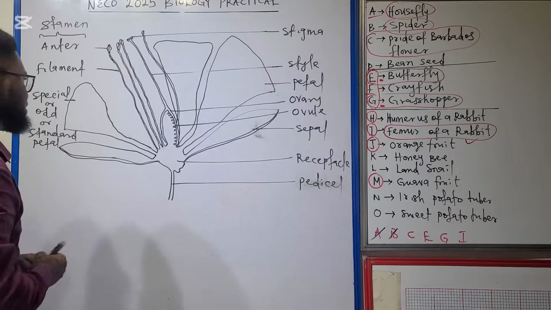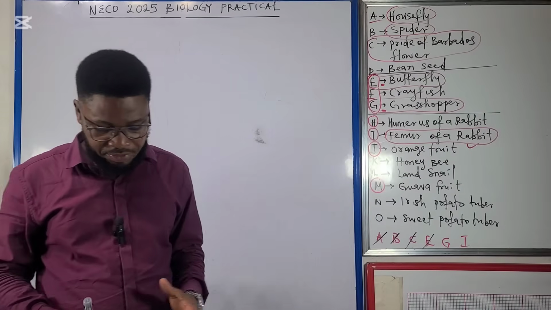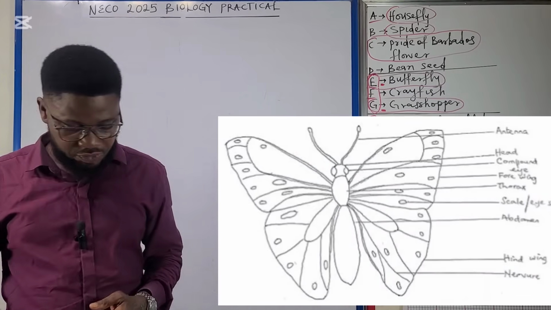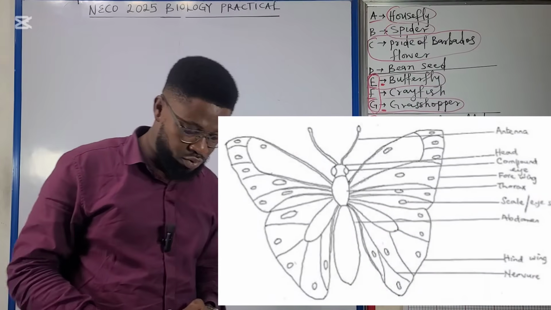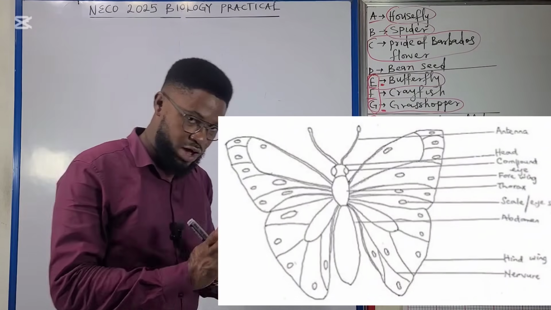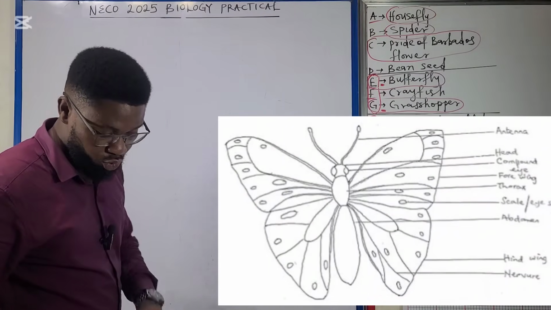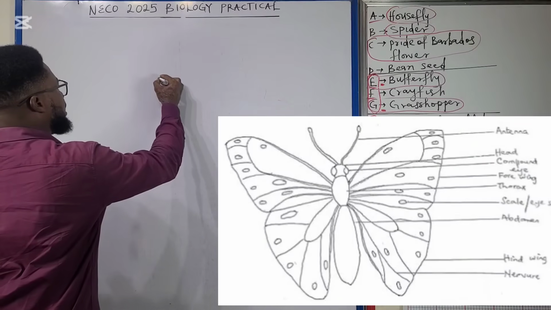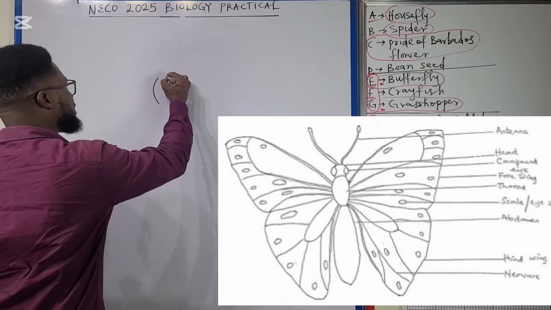Very direct. Next up is specimen E. We can be told to draw specimen E, the dorsal view of specimen E. That's talking about the butterfly. What is the basic plan? How do we get started? The very first thing is the thorax region.